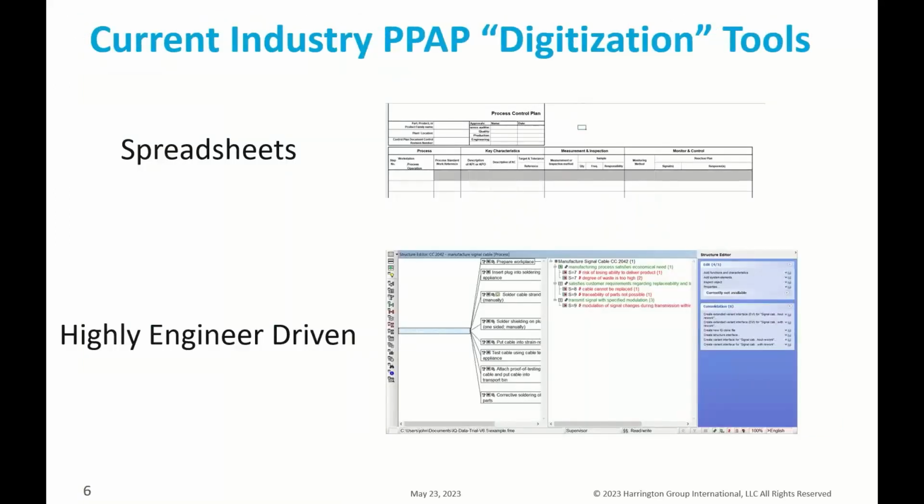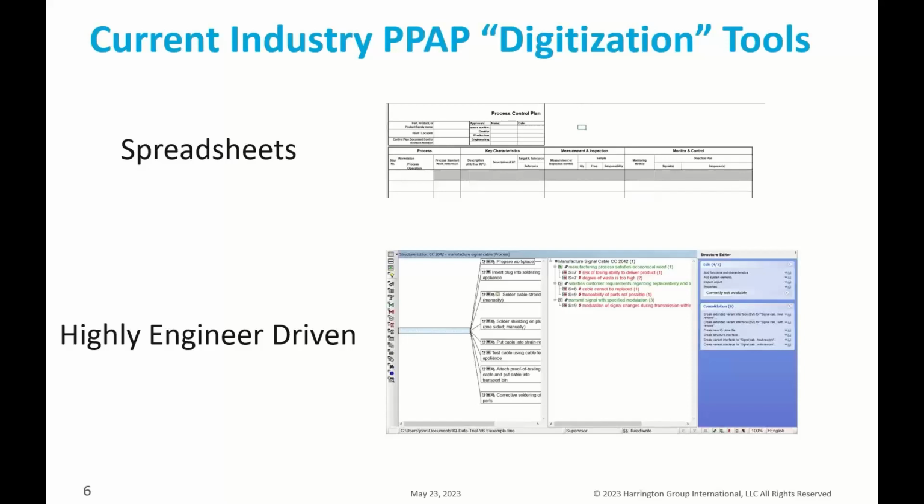The state of the art in this whole PPAP digitization, if you want to call it that, is either spreadsheets or highly engineered tools. With spreadsheets, the first response is people love them because I can do whatever I want with them. And then they say, but boy, there's a lot of problems and mistakes with it: broken links between control plans and FMEAs, sorting errors, even things as simple as spelling errors.